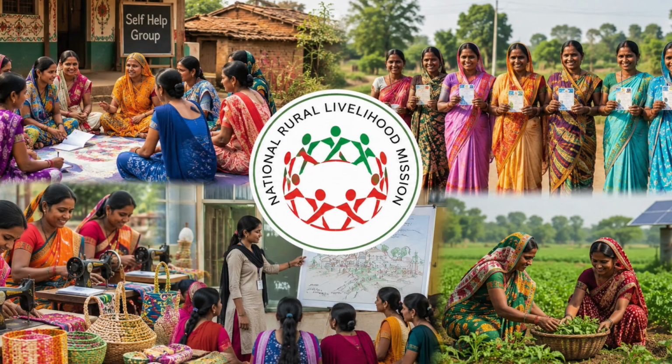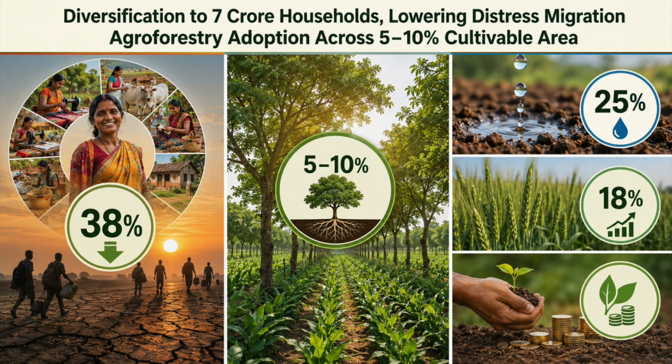These activate India's National Rural Livelihood Mission, offering diversification to 7 crore households, lowering distress migration by 38% during the 2019 drought.